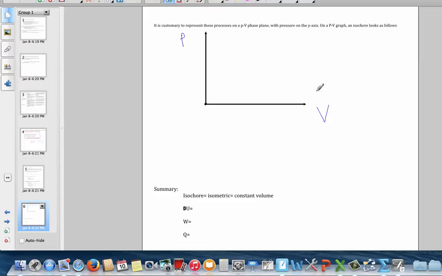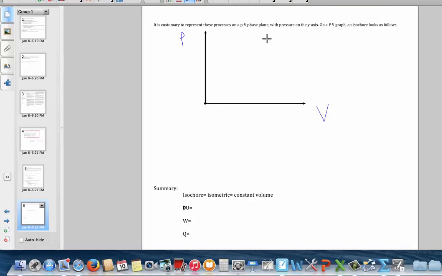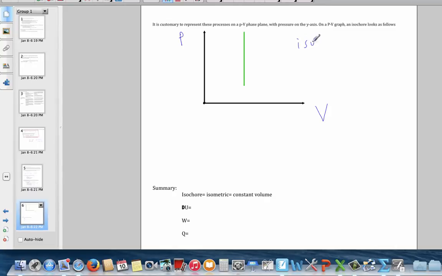The units will vary with the problem. But what we will do is we will say, when we're looking at this isometric process, this constant volume process, a line of constant volume is going to look like this in the PV plane. So that is an isometric process.